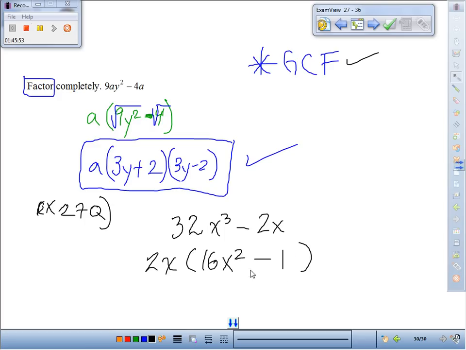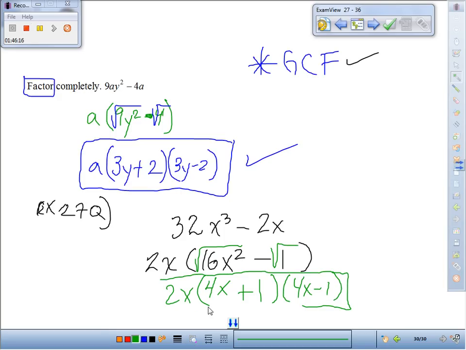If this is a subtraction and a binomial, let's check to see if it's a difference of squares. Square root of this, 4x. Square root of 1, 1. Is it a difference? Yes. So therefore this is 4x plus 1, 4x minus 1. Bring down the BFF. And this is factored completely. Anthony, got that? Okay.